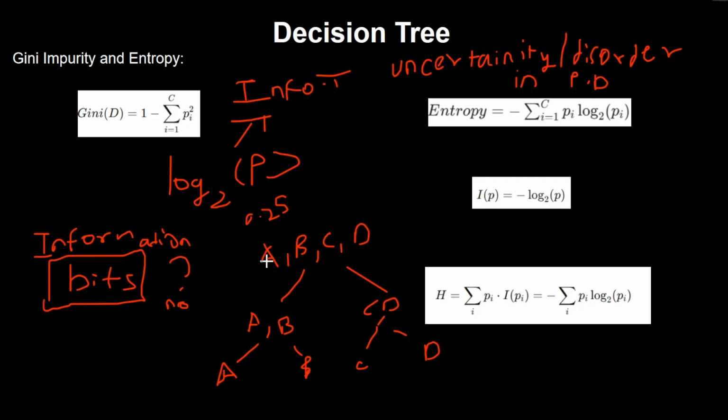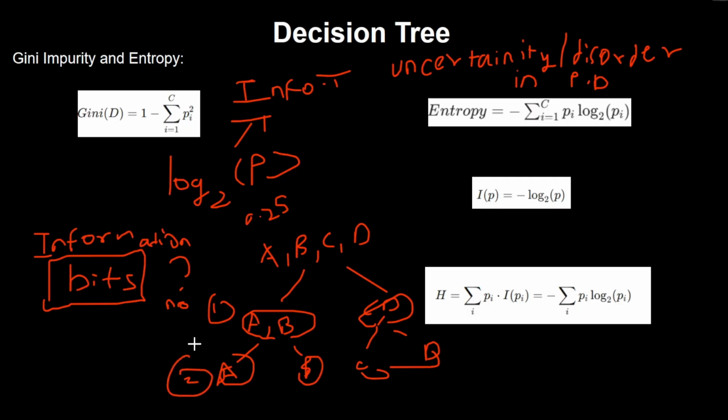Here, if you see, we ask 2 questions. One question asks if it belongs to this set or this set. Another asks if it belongs to the individual element in this set. So we ask 2 questions. So the information needed here to separate them is 2 bits, or 2 sets of questions.